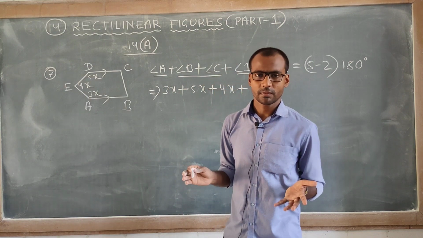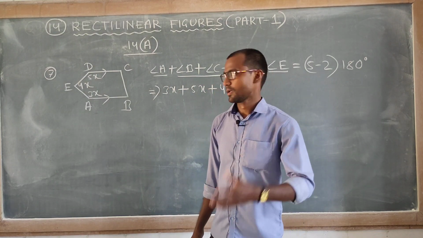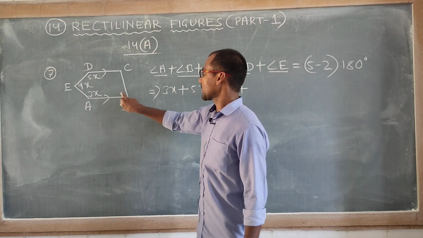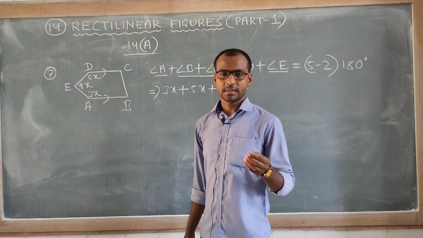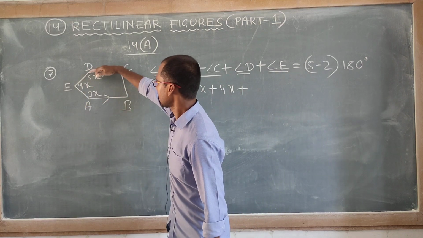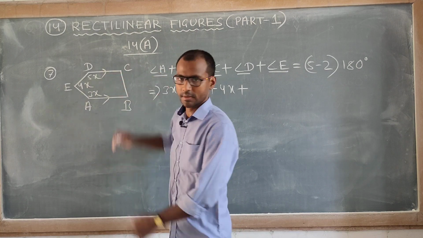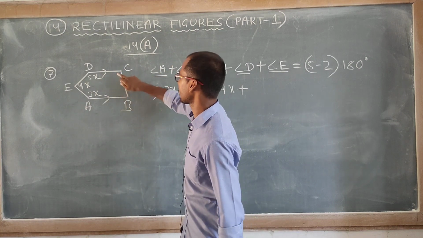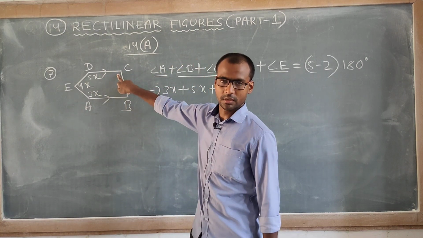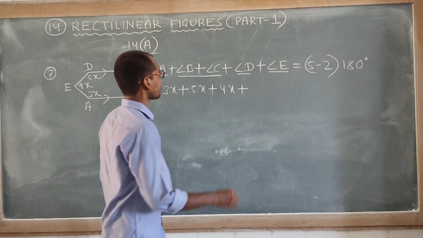Now let us see what is angle B plus angle C. No relation has been given. Okay, B and C, nothing has been given about B and C. But you can see B and C are allied angles or co-interior angles. Okay, see AB parallel to DC and these two angles are in between the two parallels. So definitely sum of these two angles will be 180 degree. Sum of co-interior angles is always 180 degree. Okay.